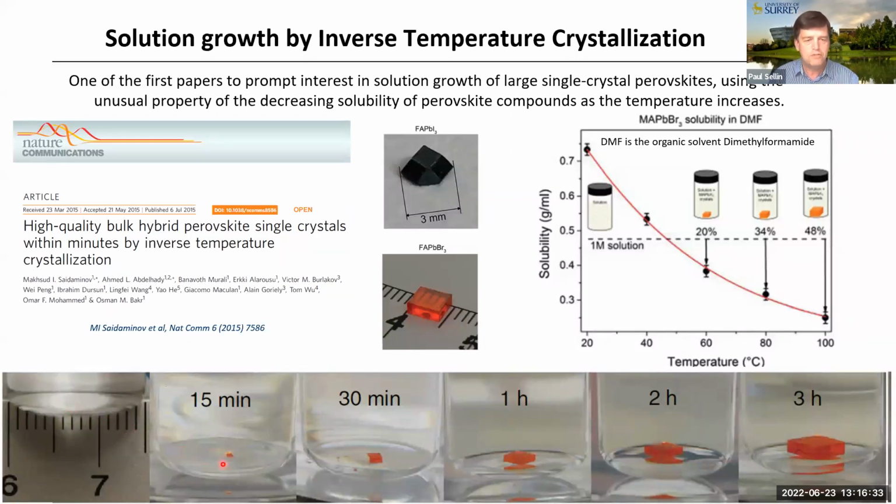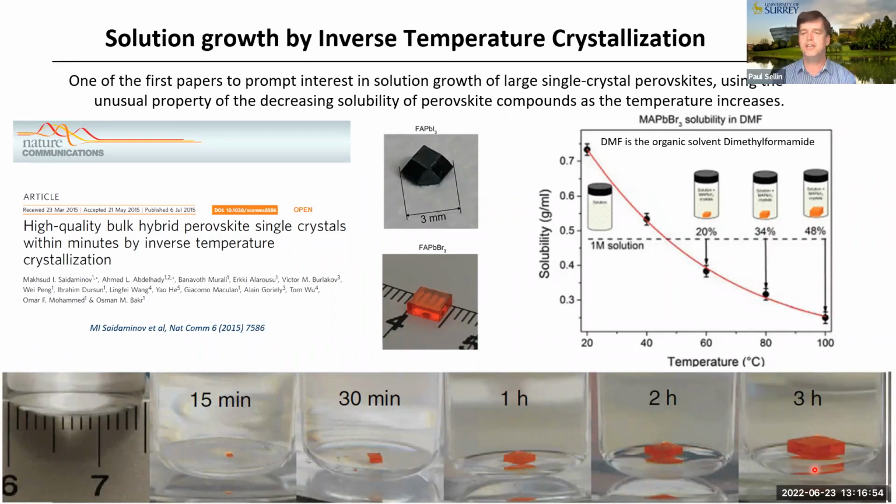And you can see that after 15 minutes, a seed crystal has appeared at the bottom of the flask. And by well-controlled heating and well-controlled growth, this seed crystal grows very rapidly. And you can see by 3 hours, it's something which is several millimeters across.